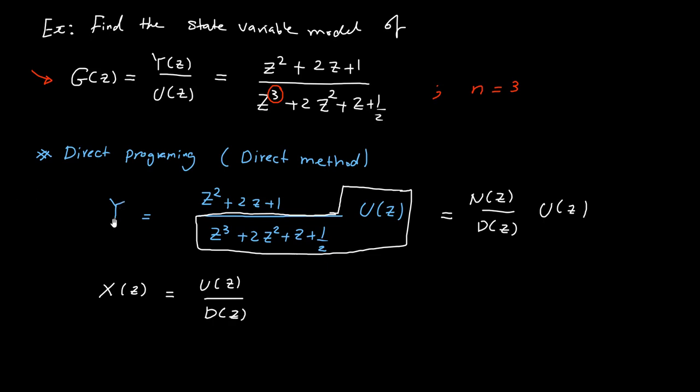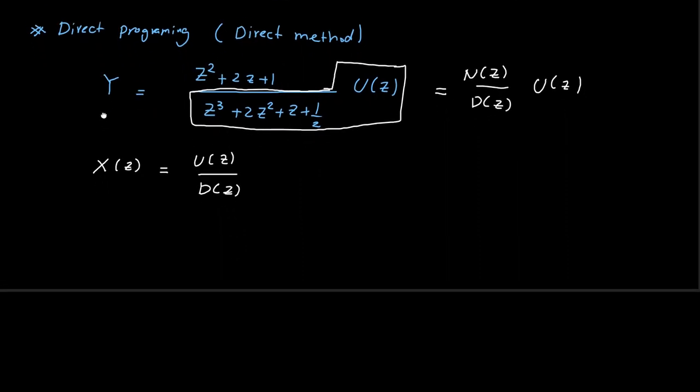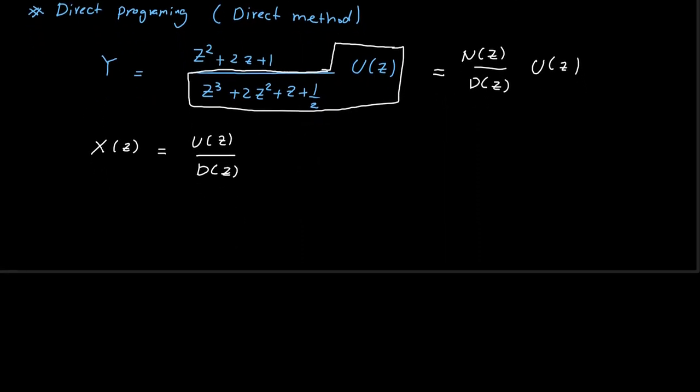Then let's write it here. So this will equal U of z over (z to the power 3 plus 2z squared plus z plus 1 over 2).